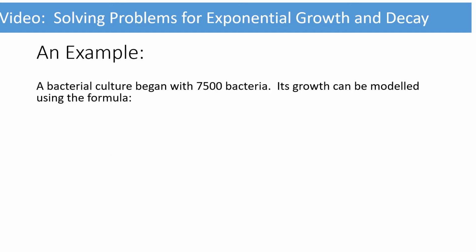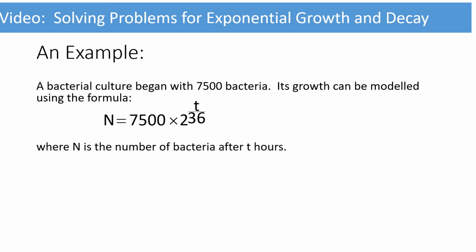Here's an example. A bacterial culture began with 7,500 bacteria. Its growth can be modeled using the formula N equals 7,500 times 2 to the exponent T divided by 36, where N is the number of bacteria after T hours.